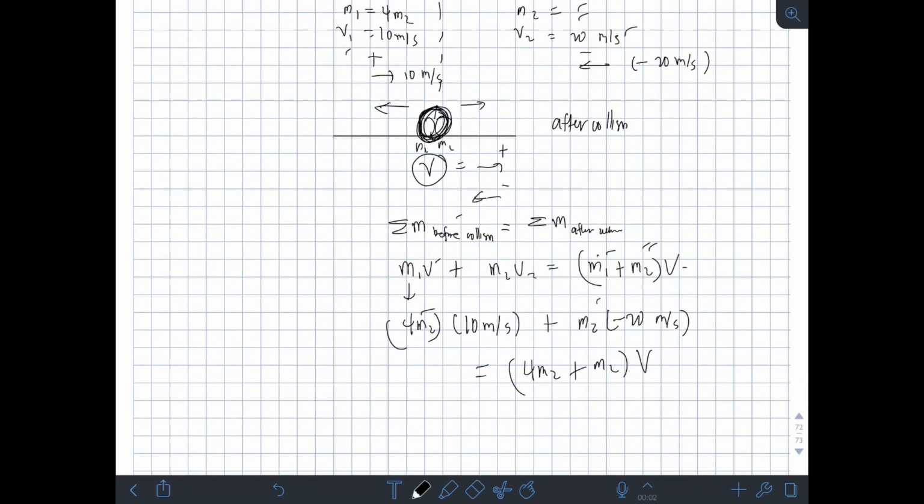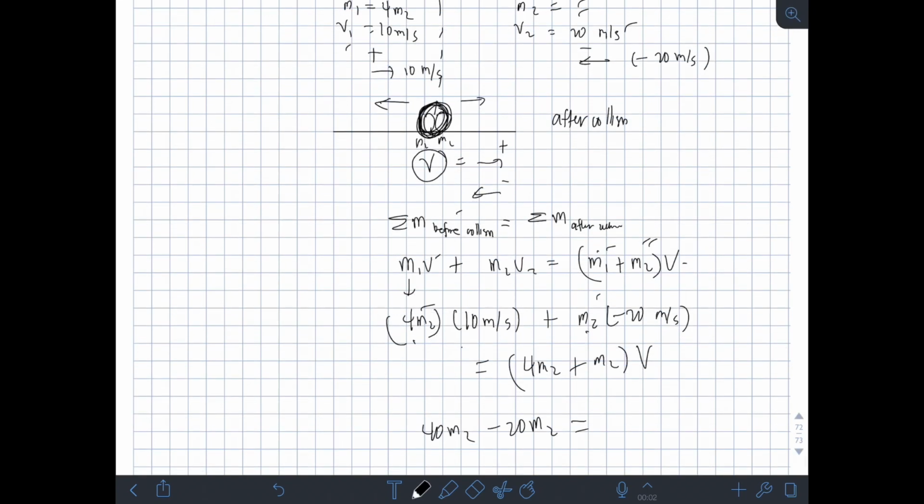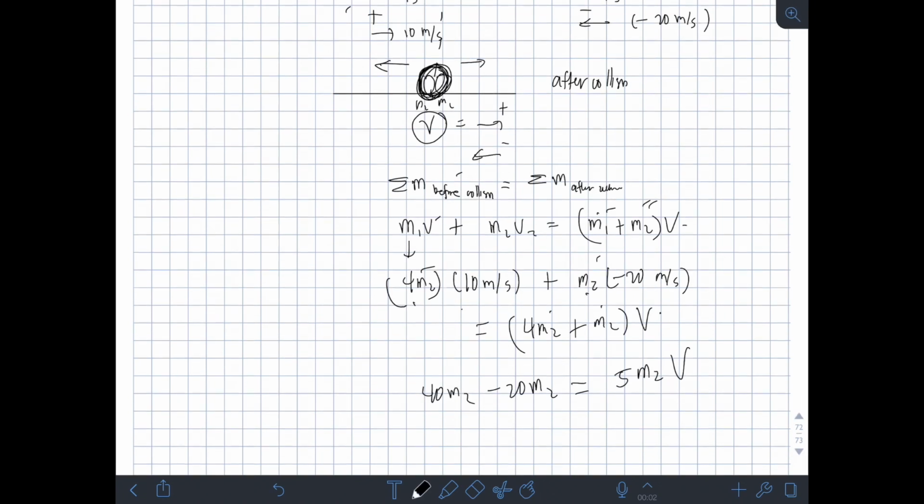So, magiging ano tayo dito? 4 times 10 times M2 is 40M2. Then, M2 times negative 20 is negative 20M2. Equals 4M2 plus M2 is 5M2 times unknown V. So, 40M2 minus 20M2 is 20M2 equals 5M2V.